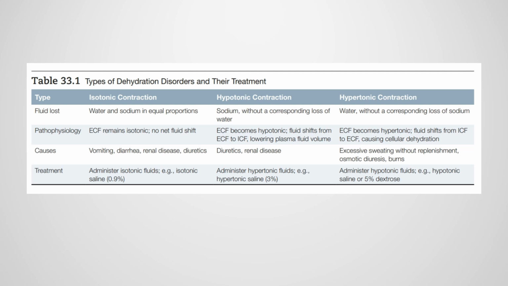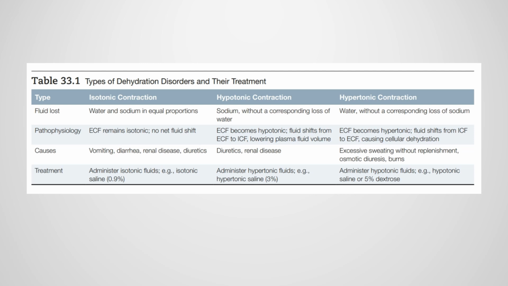So remember those osmotic diuretics such as mannitol, which is just going to make you lose incredible amounts of water and not as much salt? Well, your extracellular compartment, which is your interstitial fluid and your vascular compartment, is going to become hypertonic. You're going to be hypernatremic, high sodium.